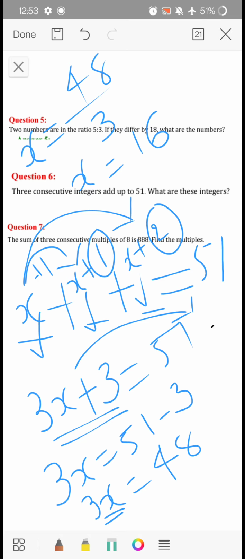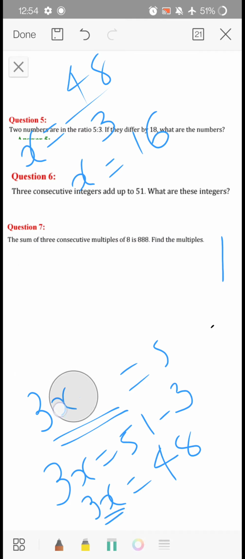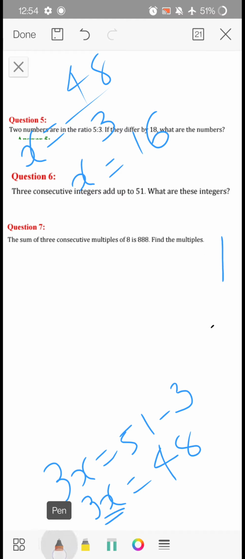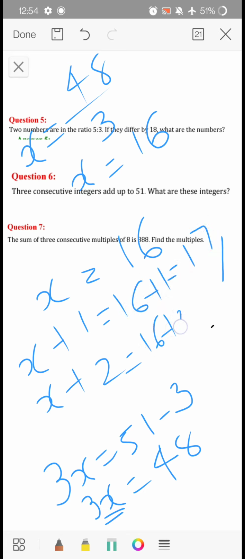Again I am informing my dear students, this is not your final answer, as you have to find out the integers. And what integers have you supposed? You have supposed x, x plus 1 and x plus 2. So you put the value of x. Here it will be 16, here 17 and here 18.